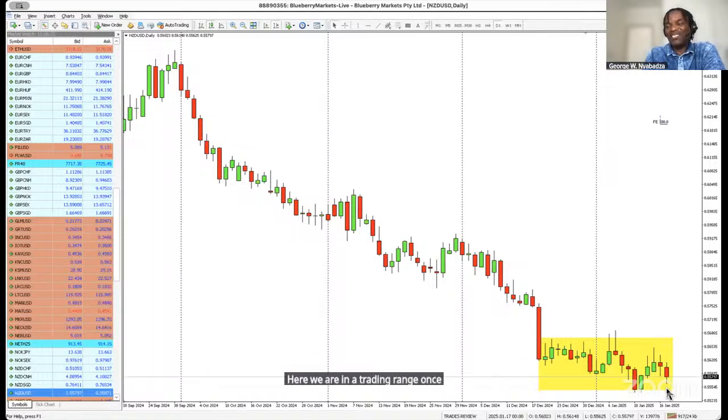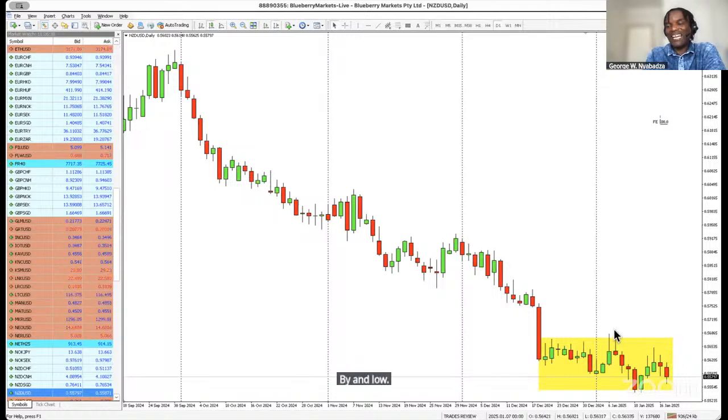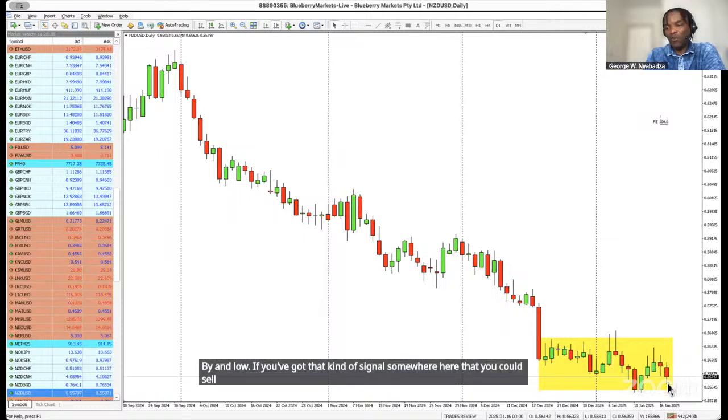Are you going to sell this straight into the low? No, you're not going to do that. If you are in a trading range, you want to be selling high or buying low. Now, if you got that kind of signal somewhere here that you could sell, hoping to get to this low, at this point you couldn't because the low of the range was here. It wasn't one-to-one.